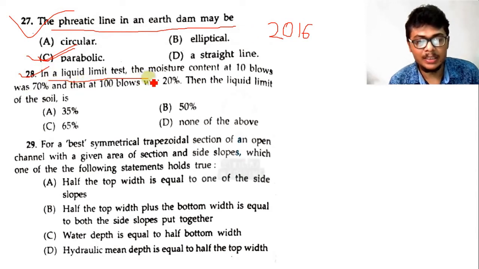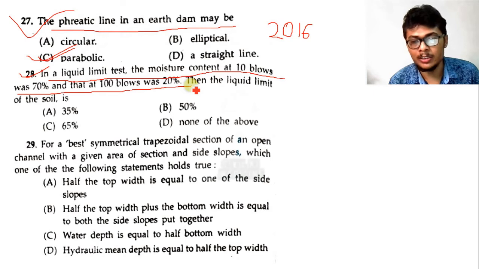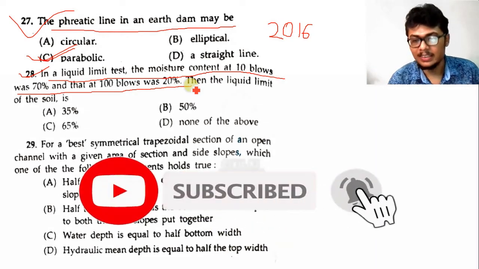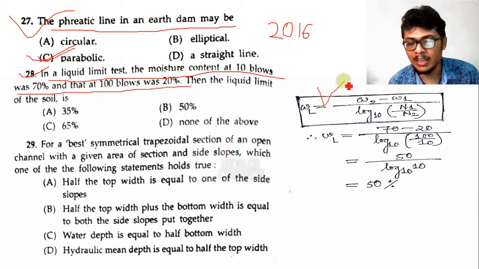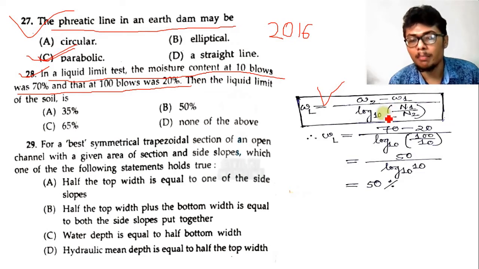In a liquid limit test, the moisture content at 10 blows was 70% and that at 100 blows was 20%. Then the liquid limit of the soil is, this question also from the soil mechanics subject. Okay, let's see the solution. This is my formula to find out the liquid limit. Liquid limit equal to W2 minus W1, that means final water content minus initial water content, by log base 10 of N1 by N2.